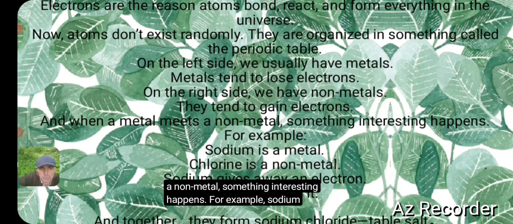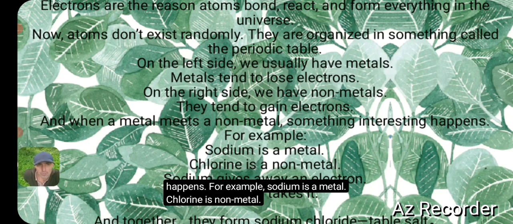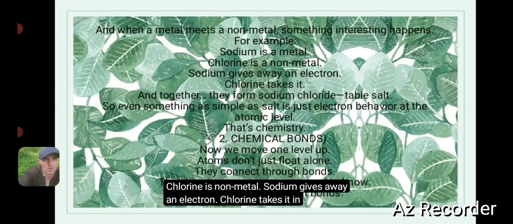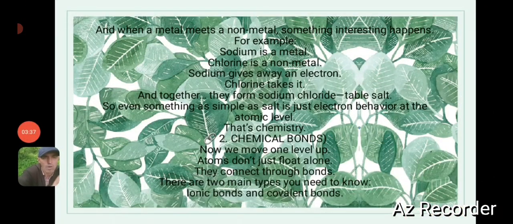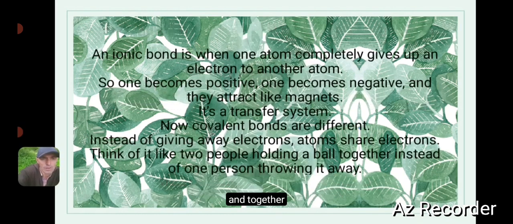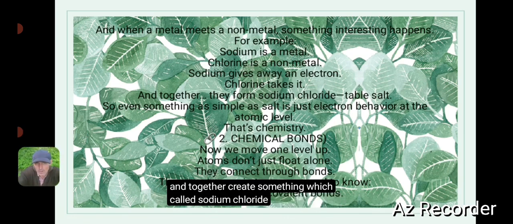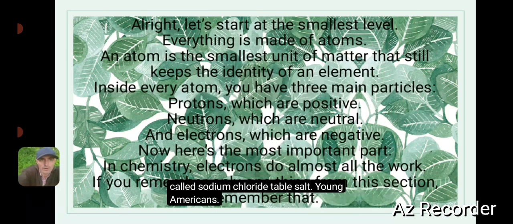For example, sodium is a metal, chlorine is a non-metal. Sodium gives away an electron, chlorine takes it in. And together they create something called sodium chloride, table salt.